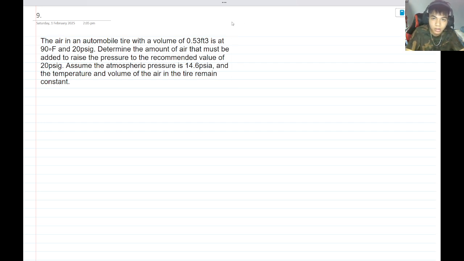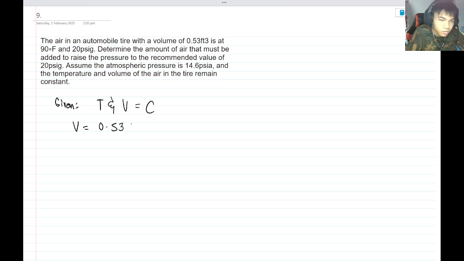So that alone, we already have the given basis. So the temperature and the volume are constant throughout this process. So we have the volume to be 0.53 cubic feet. Then the temperature is 90 degrees Fahrenheit.